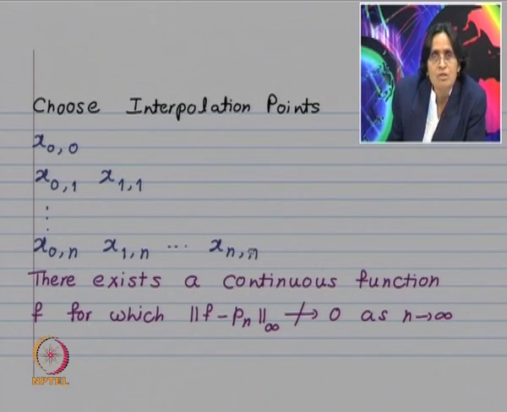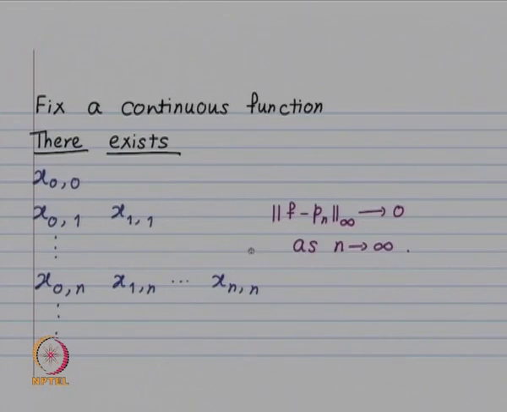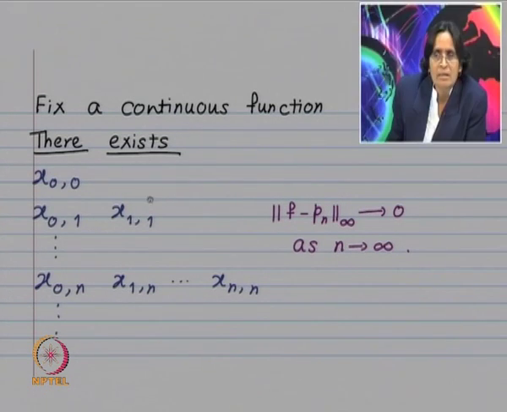There is also a positive result: you fix a continuous function, then there will always exist a set of points such that if you choose those points and consider interpolating polynomials, then the infinity norm of f minus p n will tend to 0 as n tends to infinity.